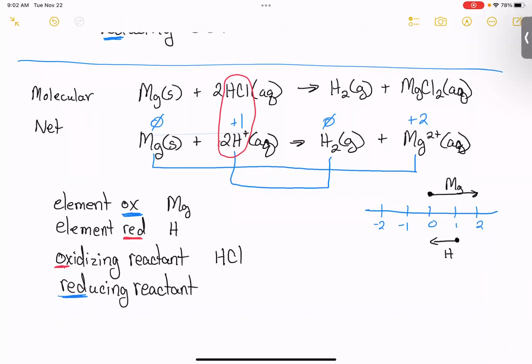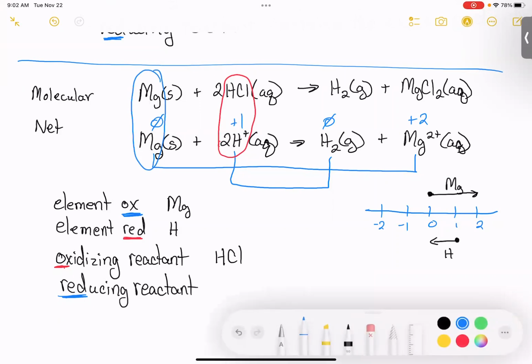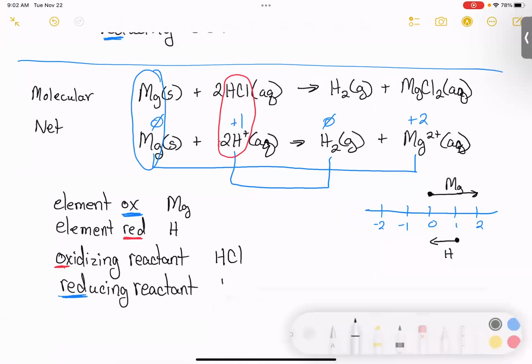The element oxidized was magnesium, and magnesium came from magnesium. So your reducing reactant is simply the magnesium.